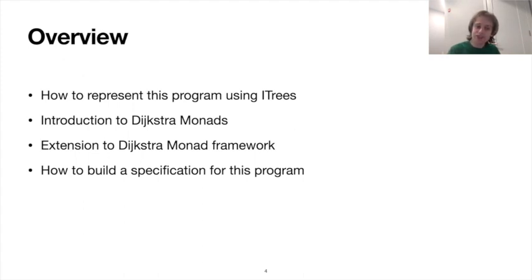Then I'm going to introduce Dijkstra Monads, a framework for writing specifications for monadic computations. Then I'm going to introduce the extension we made to the Dijkstra Monad framework that allows it to deal with interactive and possibly divergent computations in the rich way that I was talking about before. And then we're going to talk about the particular specification for this program.